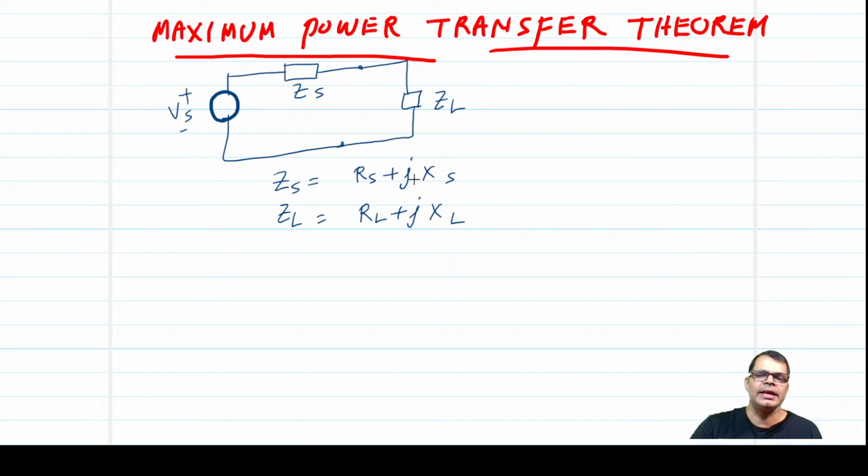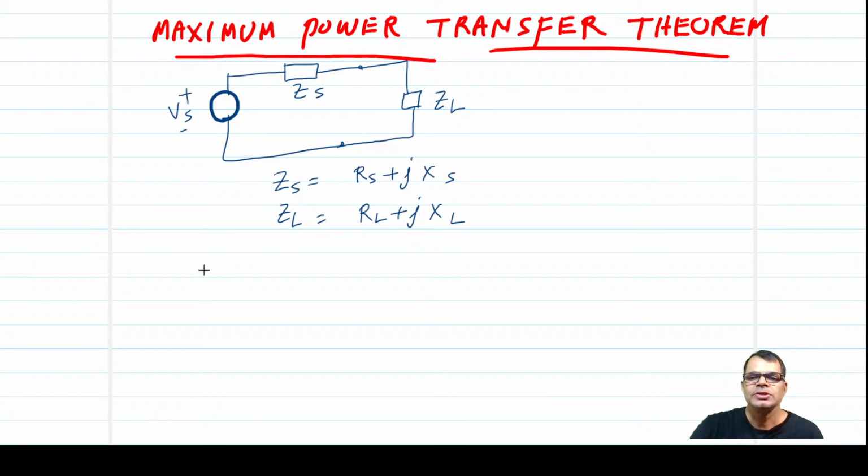In electrical networks, we are connecting various loads and the source has an inherent impedance. So if you want to achieve maximum power transfer from source to load, then what should be the value of load? That is the criteria.